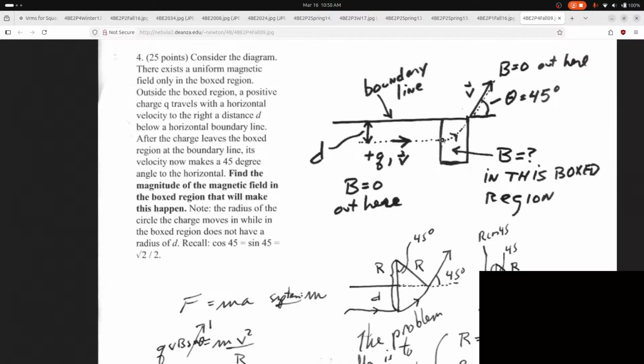Let's see, this is a pi over 2. So at that stage, though, V would be V cross B. Wait. V cross B straight up.